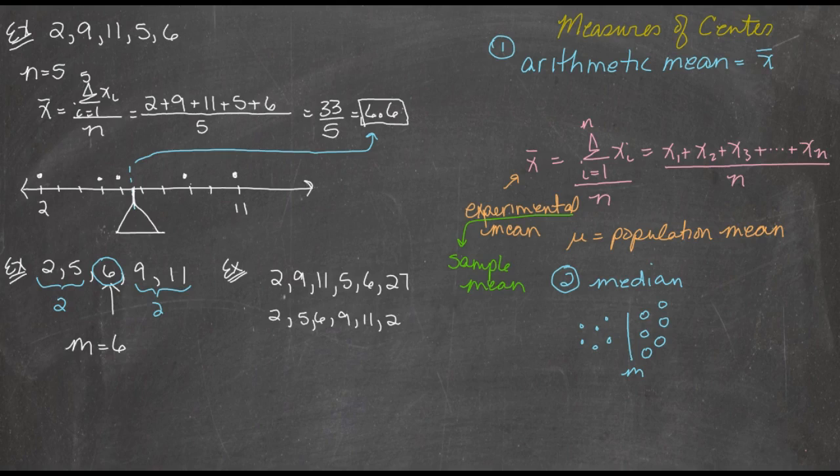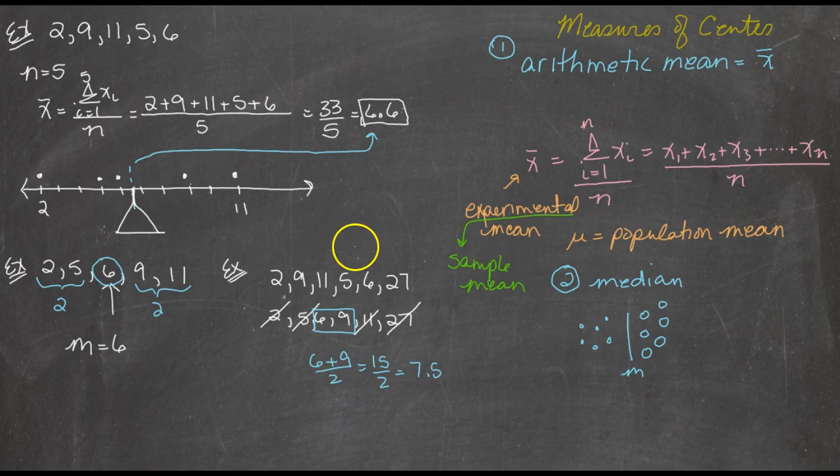So instead, I'm going to do the same thing. I'm going to take one off of each end, take one off of each end, and then when I get here, I notice I have two. No worry. All I have to do is take these two and find the arithmetic mean. So 6 plus 9 divided by 2. 9 and 6 are 15 divided by 2, which is 7.5.